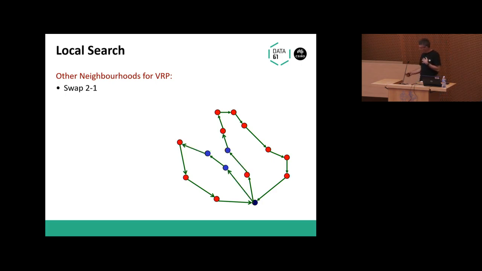Now, you can actually get to the 1-1 swap by an operation of two one moves, for instance. But the trouble is that if this route is close to its capacity limit, moving this node into this route could make it infeasible. And so I'll never be able to discover the two moves that bring the cost down.